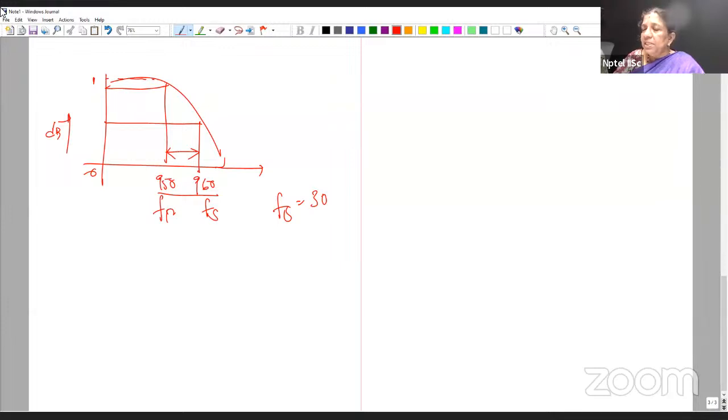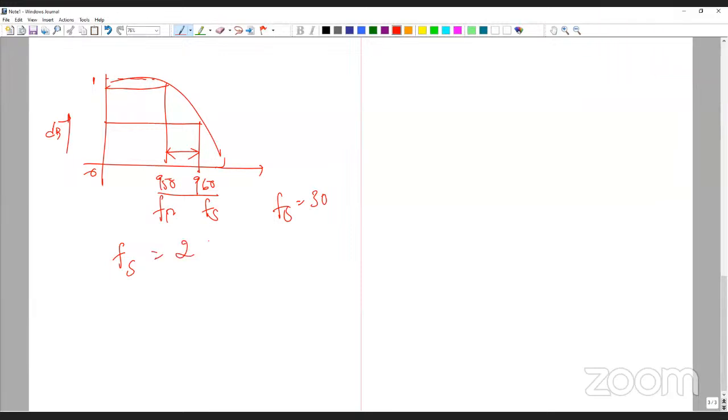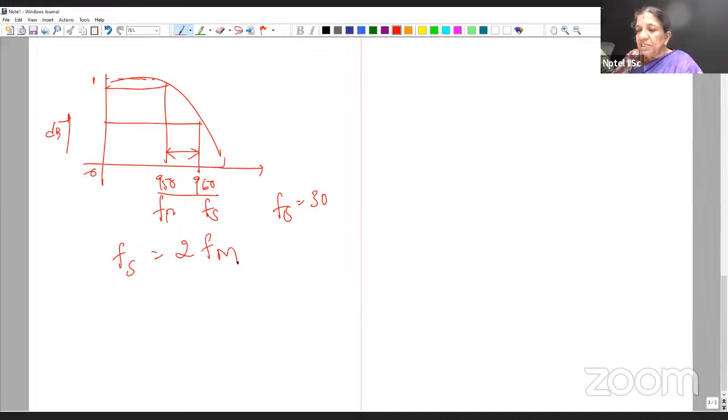See, to reconstruct your signal, the sampling frequency should be twice the maximum frequency present in your input. That is what the sampling theorem says. But in implementation, we usually approximate it to 4 to 5 times the maximum frequency.